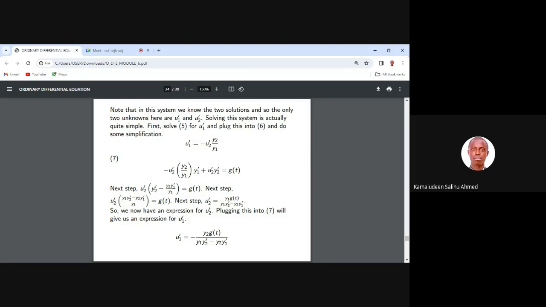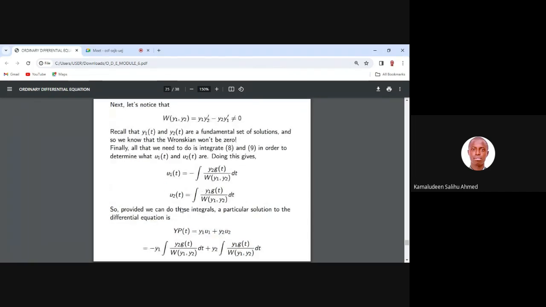When you integrate a derivative, they cancel each other and you are left with only u1, and likewise with u2. So that is why you have it here.